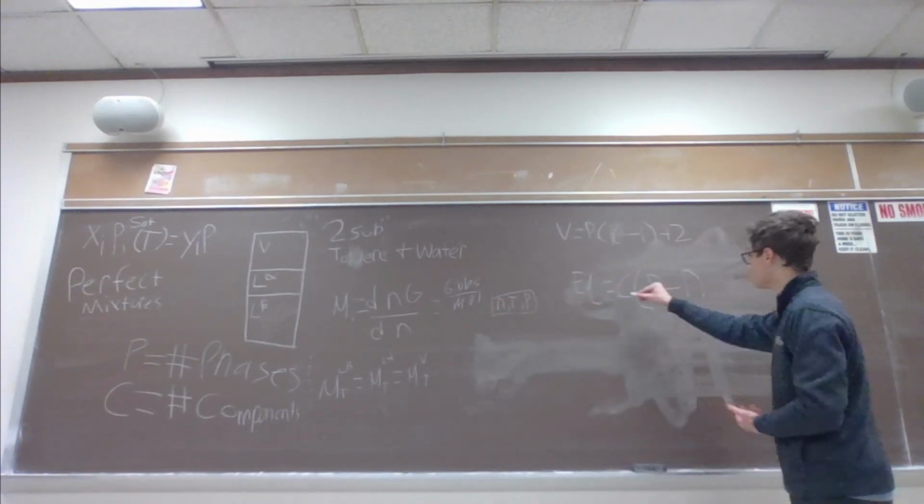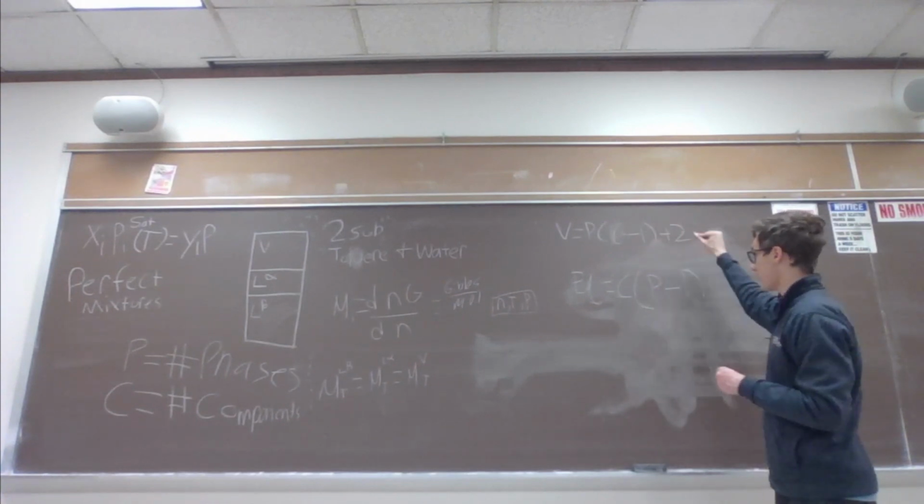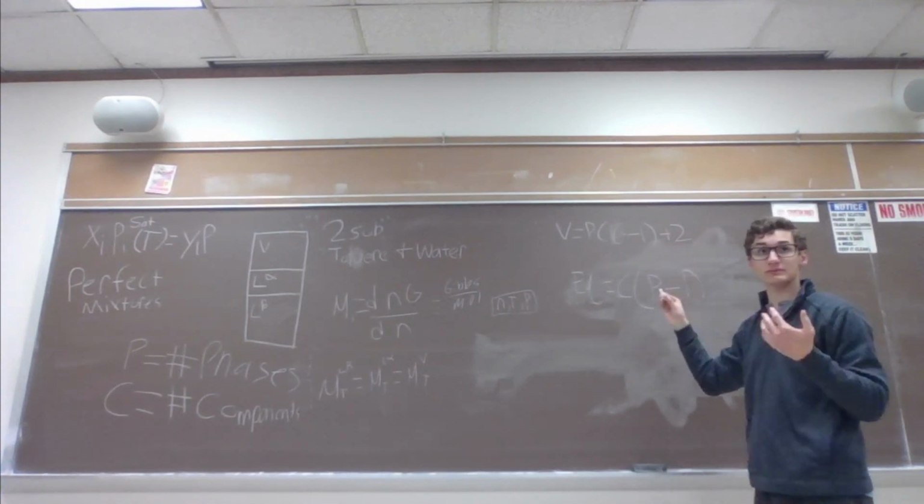And so now that we have this formula, what we want to do is subtract the two values to get our Gibbs phase rule.